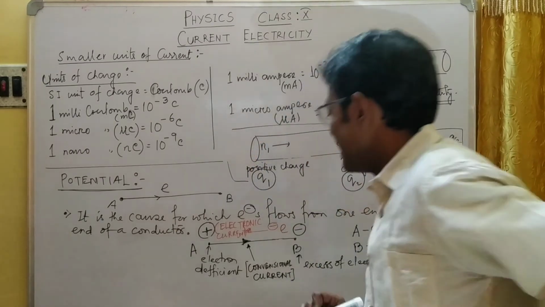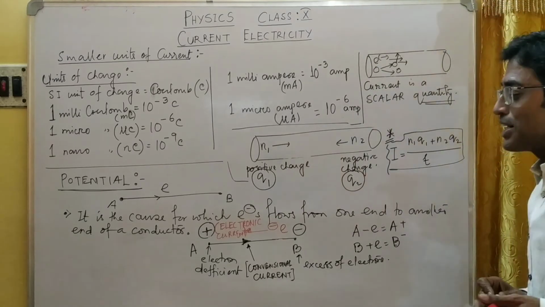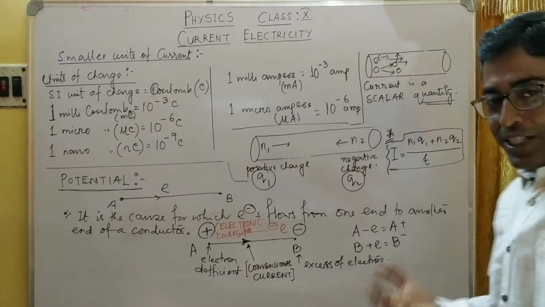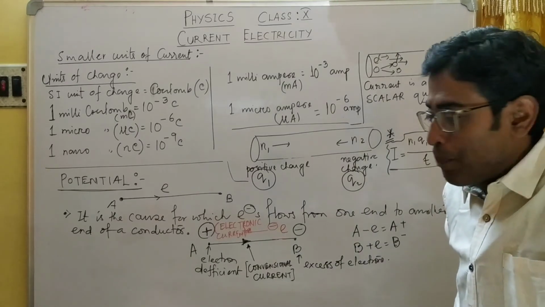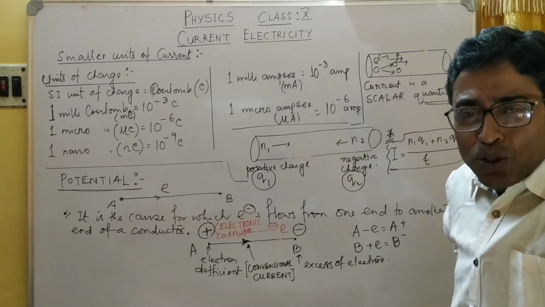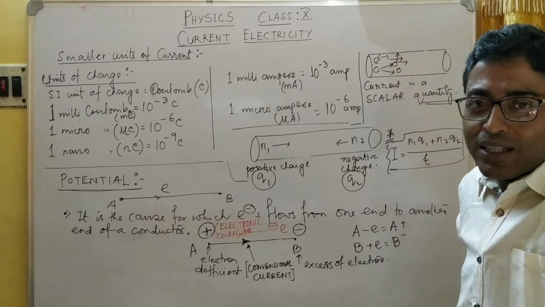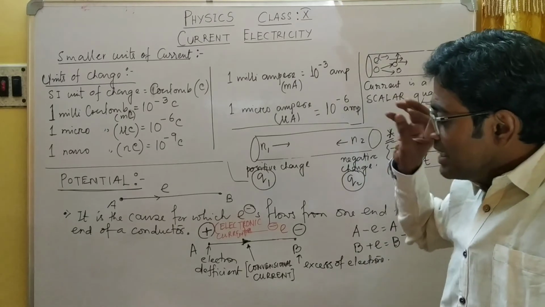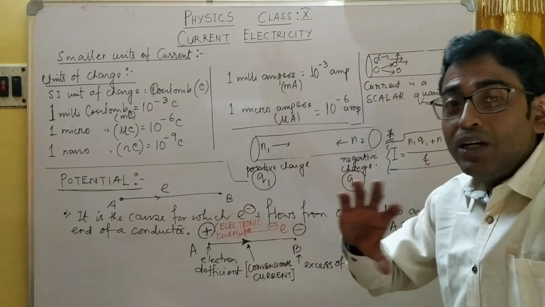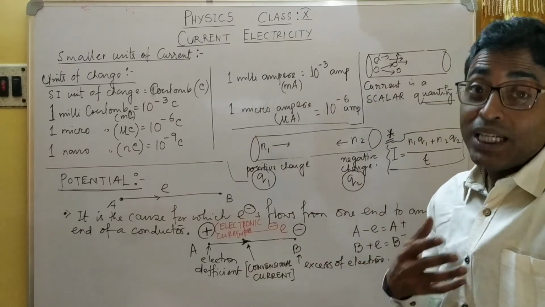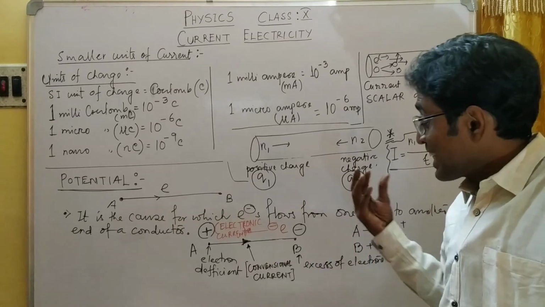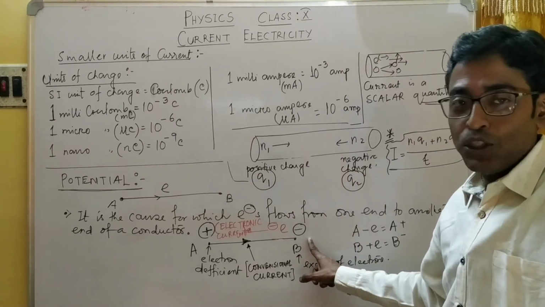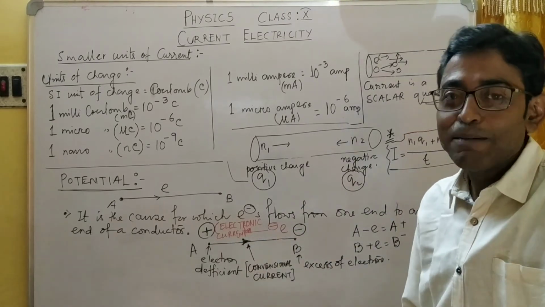So we are talking about potential. It is the cause for which electrons move from one end to another end of a conductor. Why? Because if we insert a positive and negative potential, then electrons will flow from the excess region, that is the negative, to the deficient region, that is the positive.